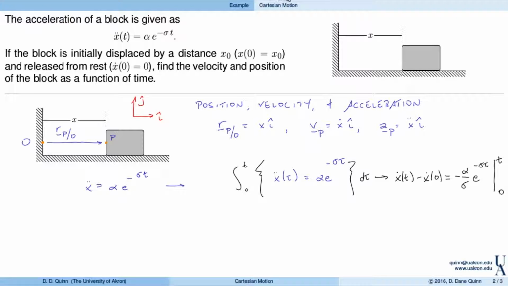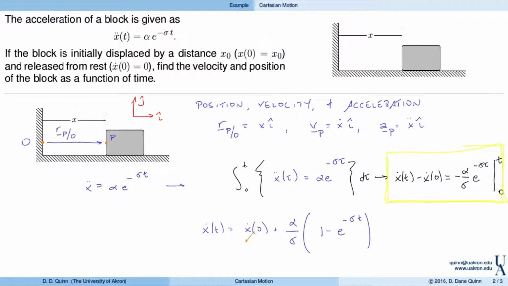So taking this expression, we can solve for x dot. And we find that x dot, as a function of time, is the initial velocity plus, well, when we evaluate this, we end up with alpha over sigma times 1 minus e to the minus sigma t.